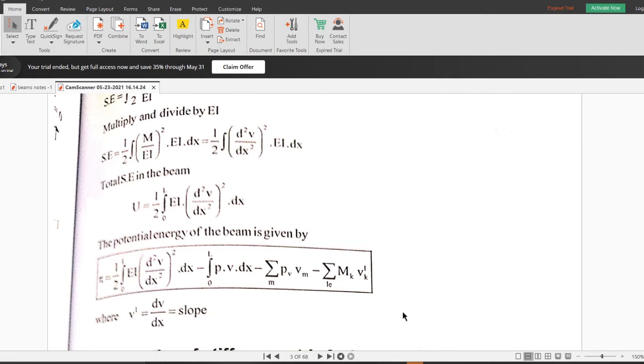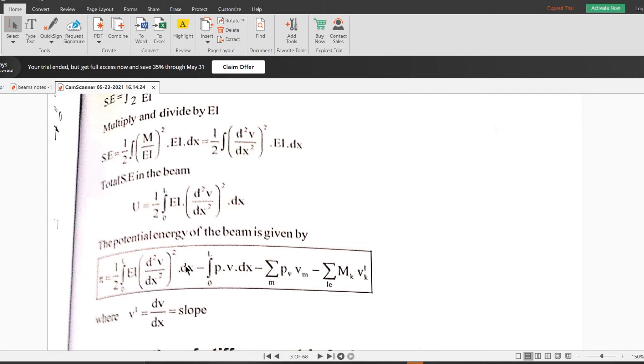One is with respect to the concentrated load, one is with respect to the bending moment, and another one is the distributed load. For the distributed load, it is pv into dx integrated from 0 to l. For a concentrated load acting at point m, it is p into v at m, where v stands for deflection. Similarly, when the bending moment acts at a particular point k, it is the summation of M into the slope at k.